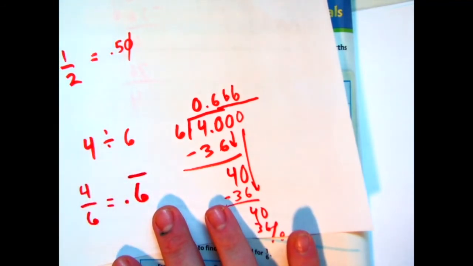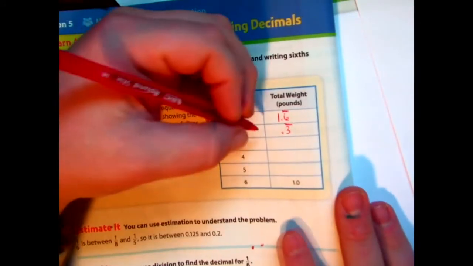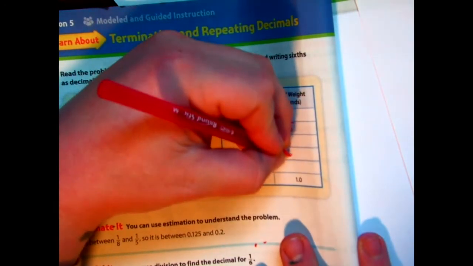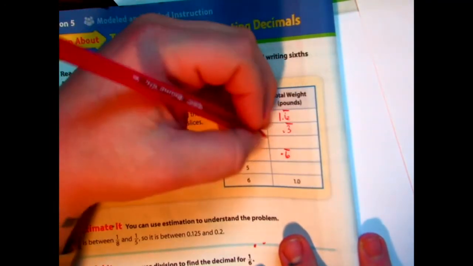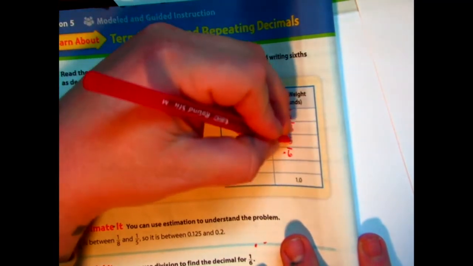Which is 0.6 repeating. And we said this was a half, right?